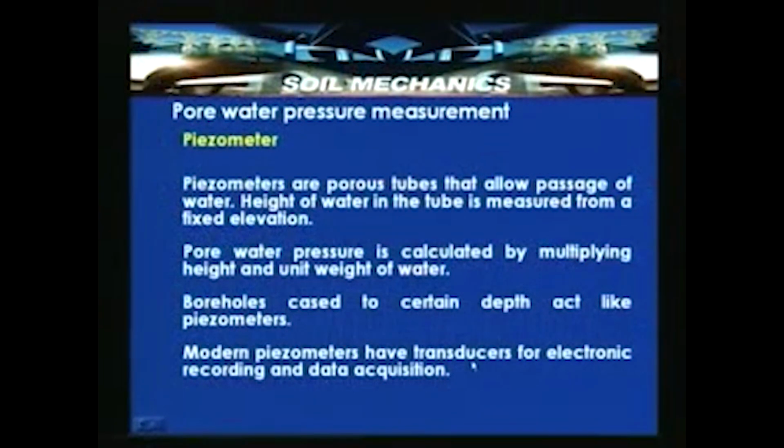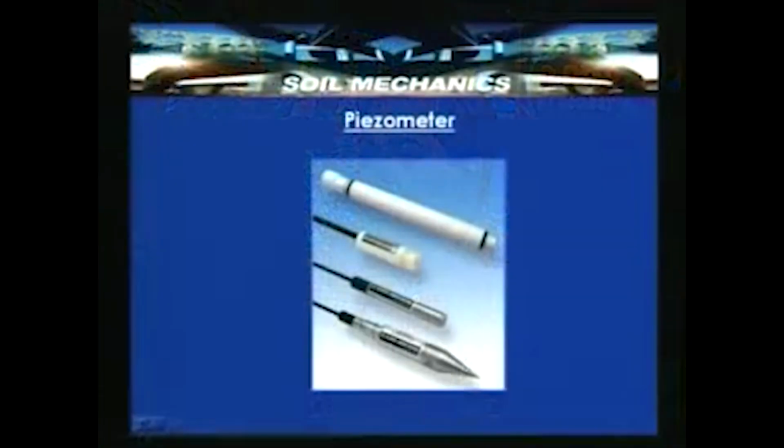Modern piezometers have transducers for electronic recording and an automatic data acquisition system. Typical piezometers are shown here, and with the help of these one can also measure the pore water pressure.